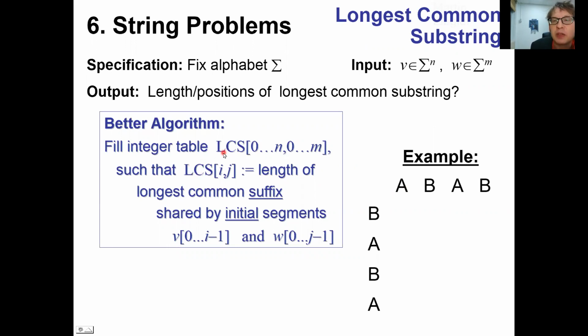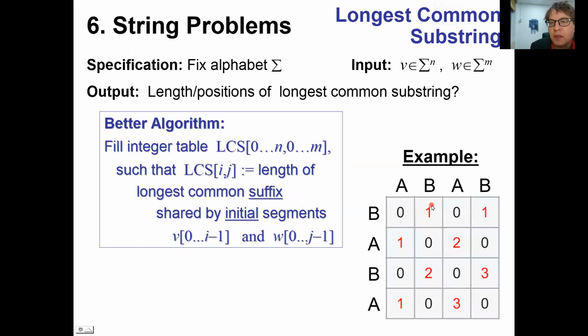Now let's look at the table that the algorithm will create and fill, with this meaning of the entries in the table. So here's the table. Let me explain that entry here, for example. That entry means: look at the initial segment ABA and here the initial segment BA.